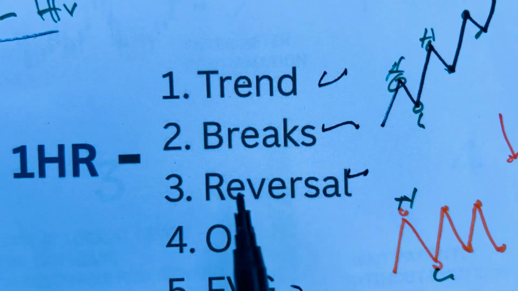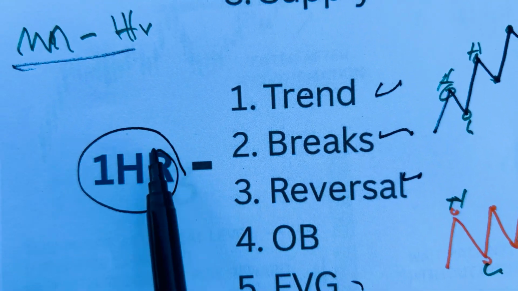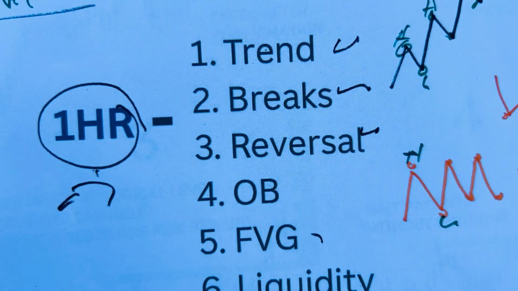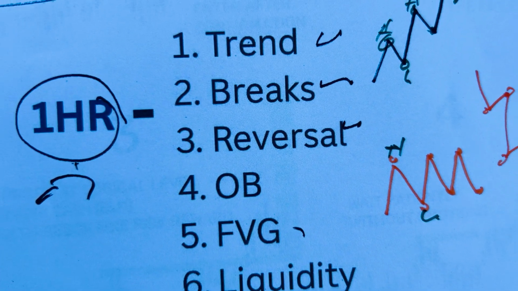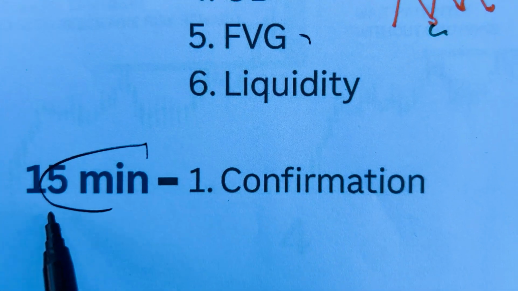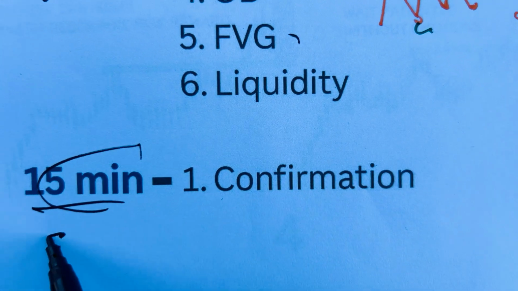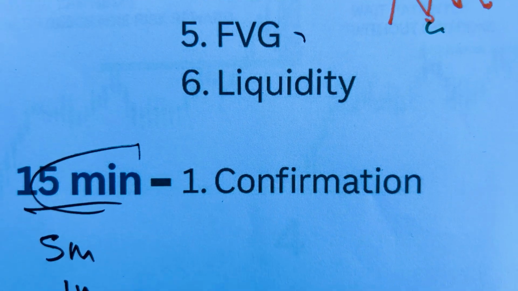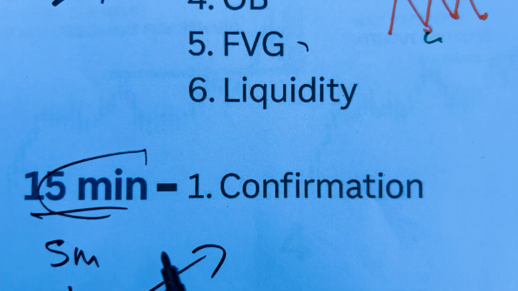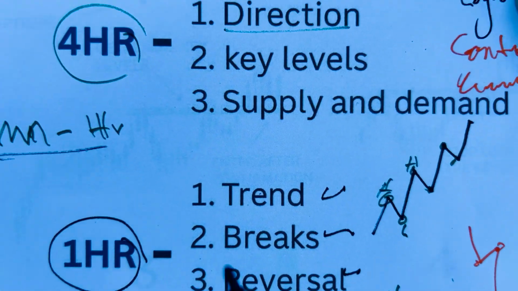The H1 you can use to scale in a trade. The 15 minutes, 5 minutes, and 1 minute are for entry confirmation. I want you to understand something: it's important to understand the direction.